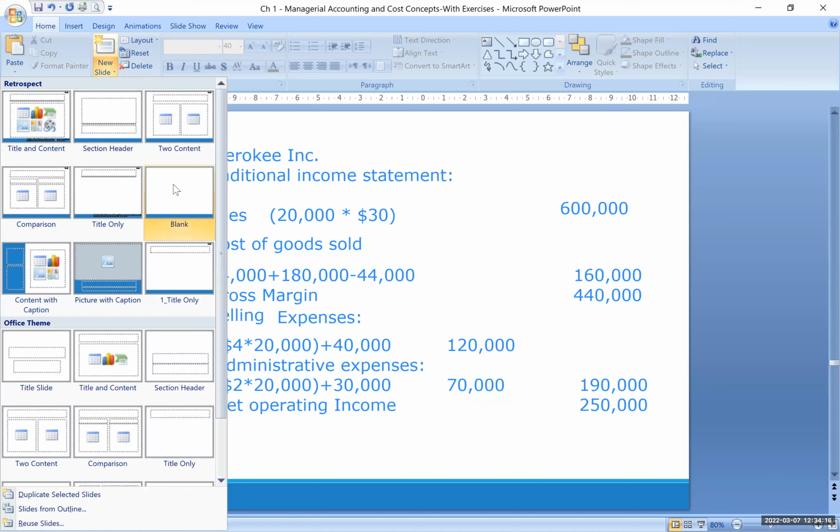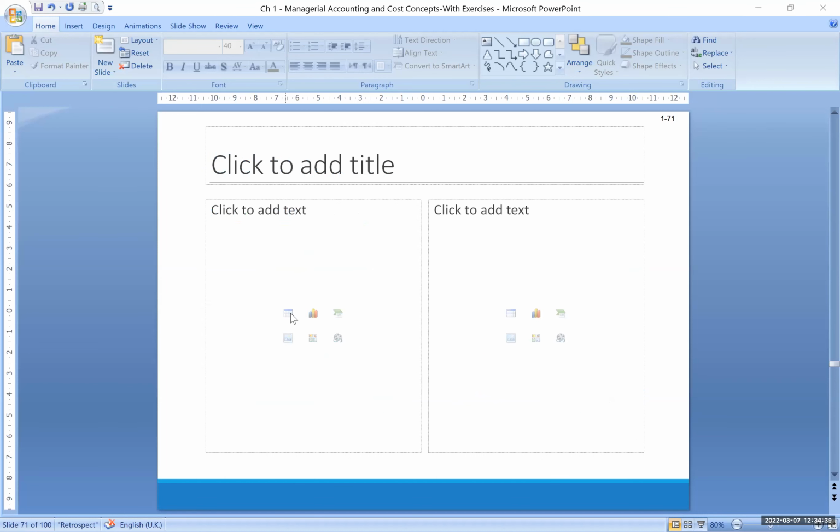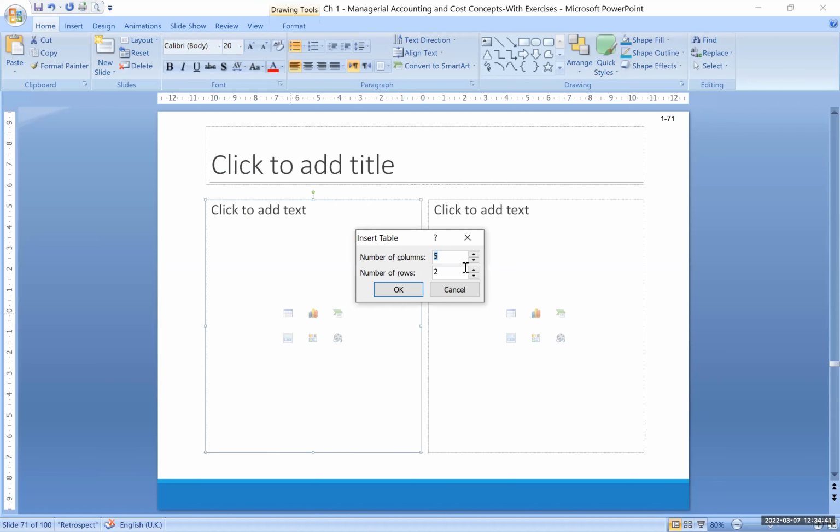Now, for the second component, we need to prepare the contribution margin income statement.